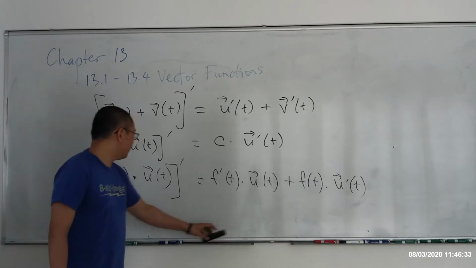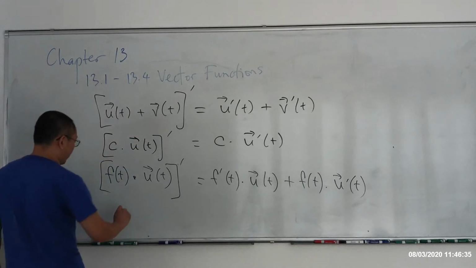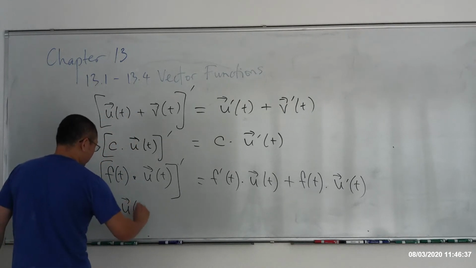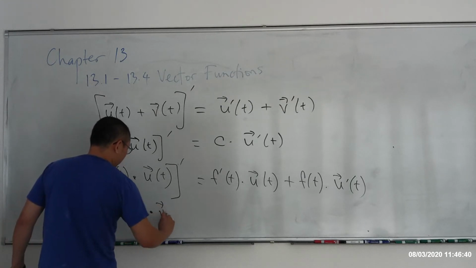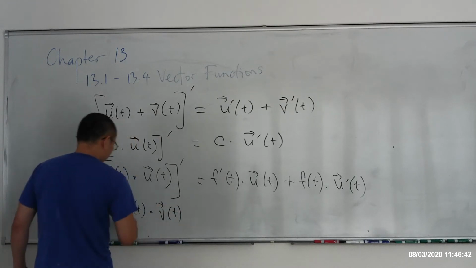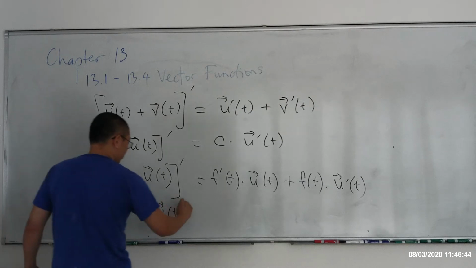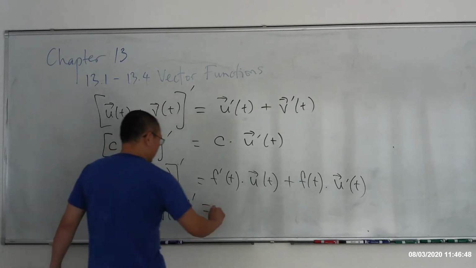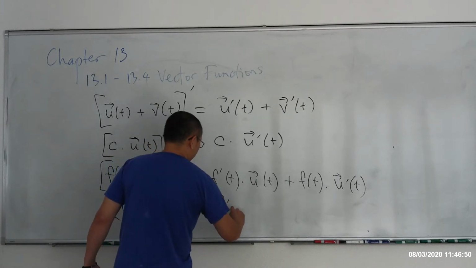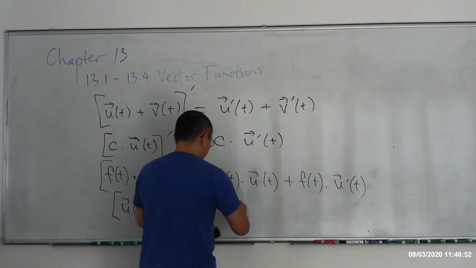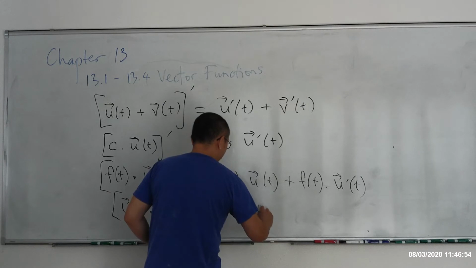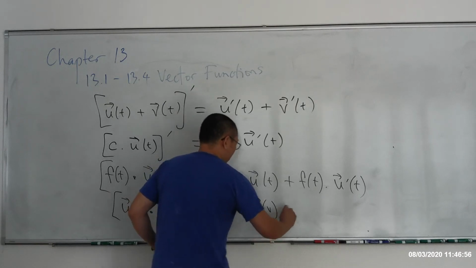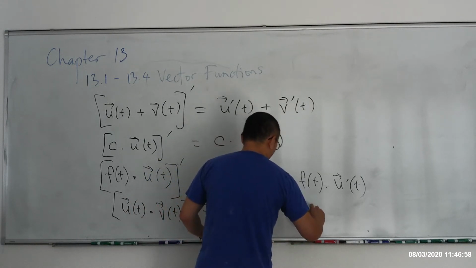Okay. One more. How about the dot product? Now I have u vector dot v vector, and then I take the derivative. Same rules. u prime dot v plus v prime dot u.